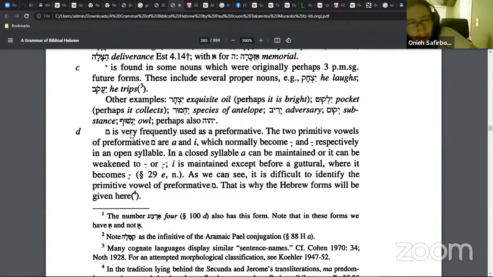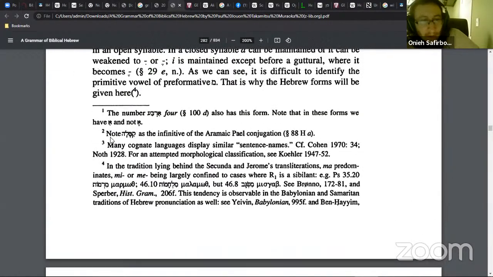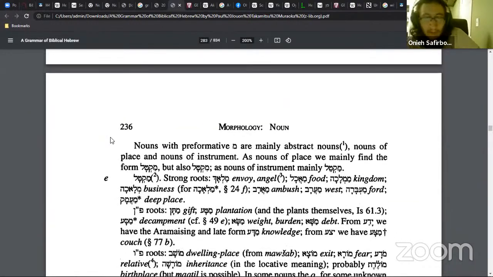Then mem is what I talked about before, where it's the source of something. So kingdom is source of ruler, or source of rule.